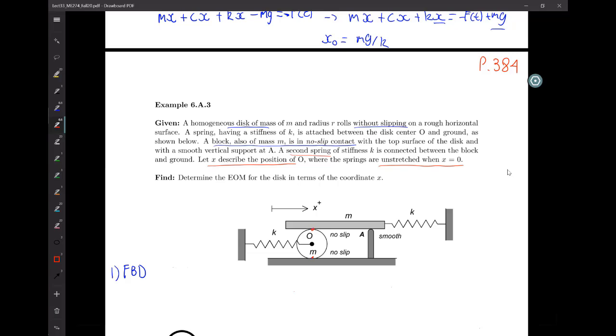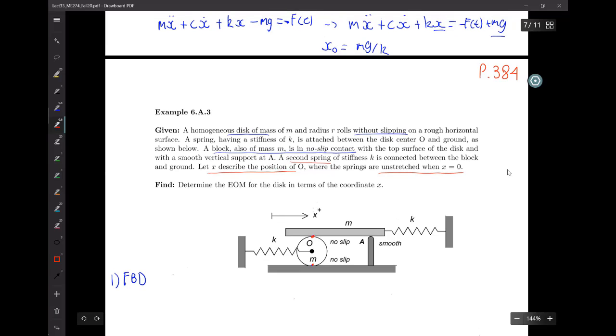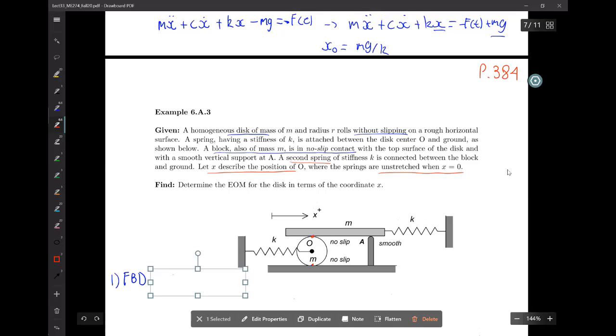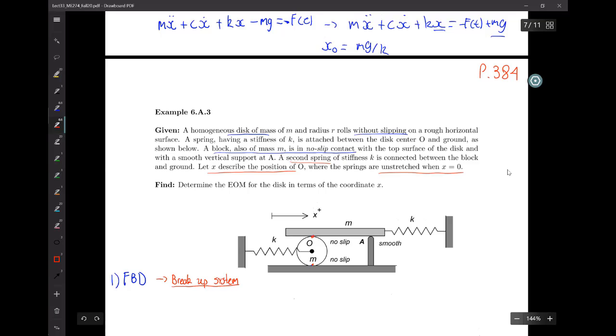So now, first question, how many bodies are here in this problem? Two bodies, right? We have a disk and a block, two things with mass. So this time we have to break up the system, right? Because we are using Newton's second law and Euler's equation.